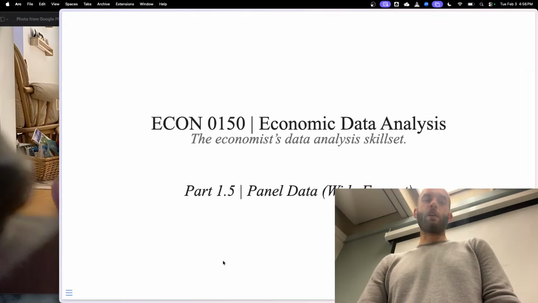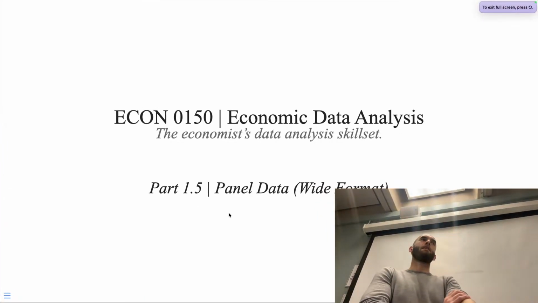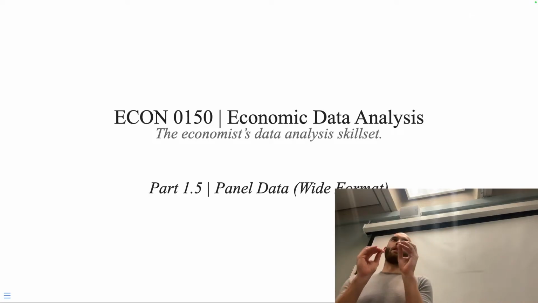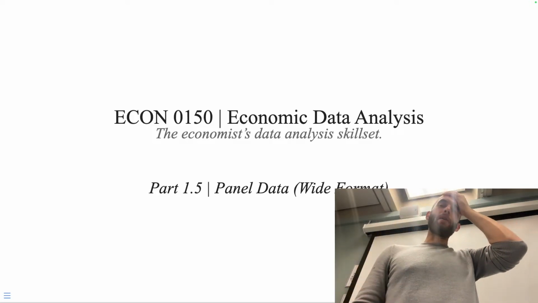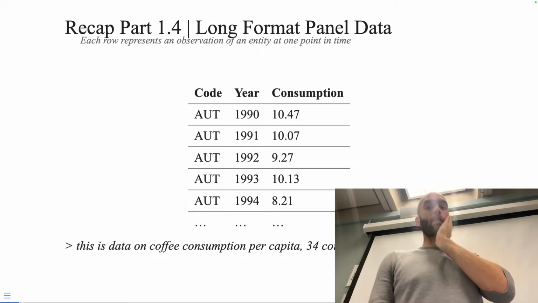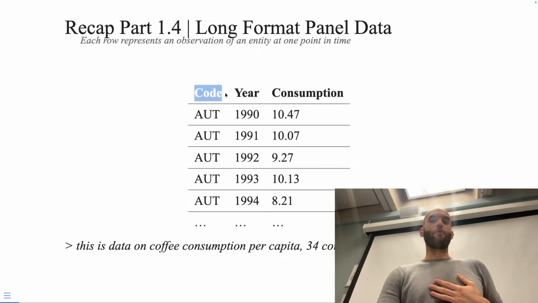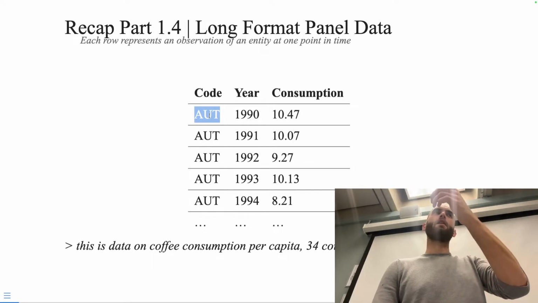So the last thing we're going to talk about today is wide format panel data. And I think this is where we start getting into the weeds a little bit with panel data. Here I have this data set. I have country code. Anyone know what AUT stands for? I think it's Austria.